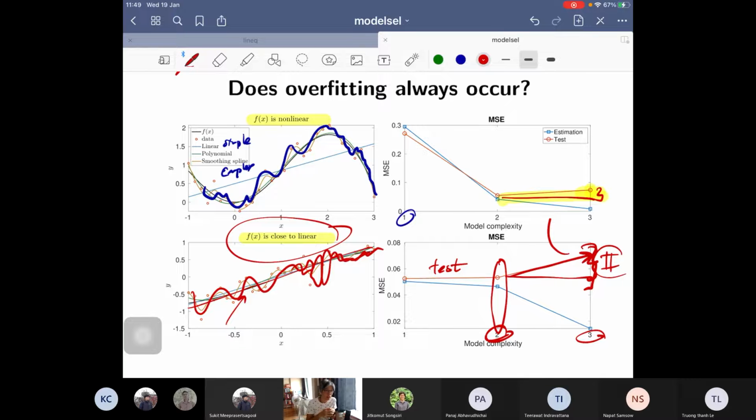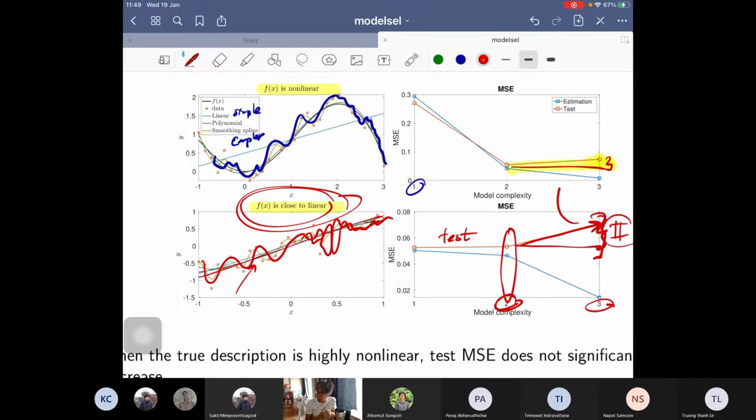On the other hand, if you're trying to explain something already simple, for example, something that has a linear relationship, like solar power is a constant times solar irradiance, that is, it can be explained linearly by solar irradiance.